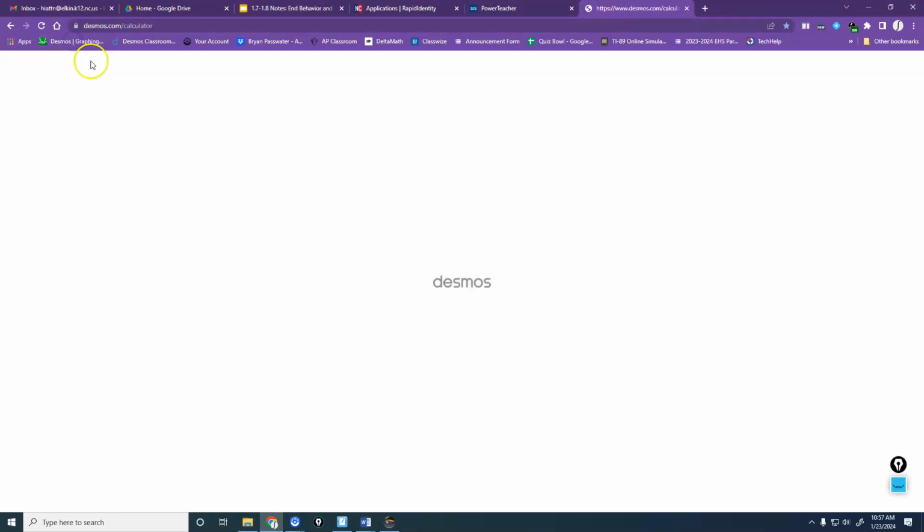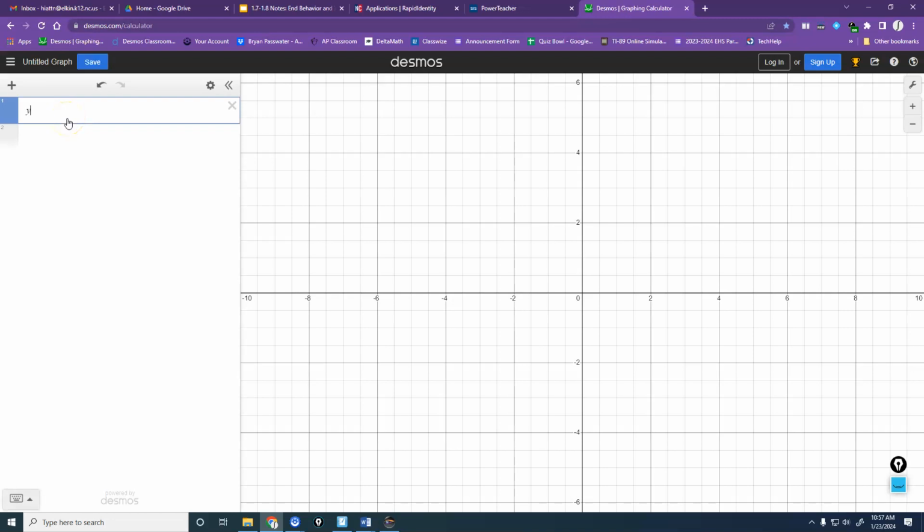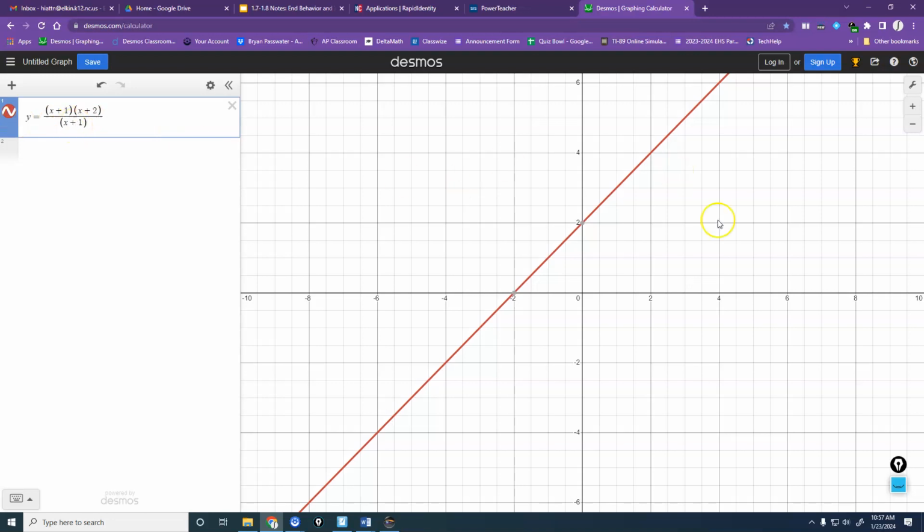If I graph y equals (x plus 1)(x plus 2) over (x plus 1). Alright, x cannot equal negative 1, right? That would give us a 0 in the denominator. But if I look at negative 1 right here, I don't see a problem, right? It just looks like a line to me.